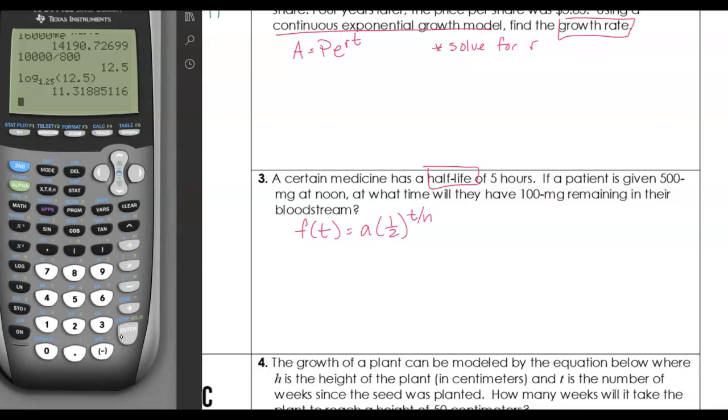So, I know my half-life is 5 hours. I know my initial amount is 500. And I also want to figure out at what time this person will have 100 milligrams in their system. So, where should I put that 100?